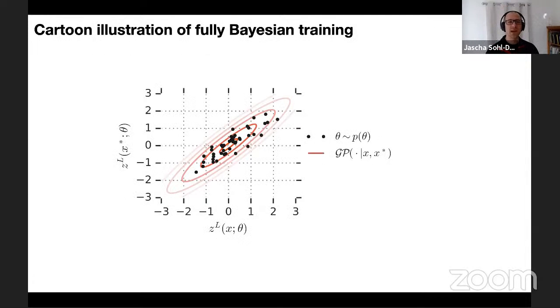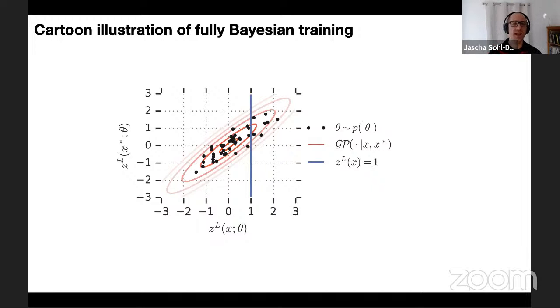So first, let's look at Bayesian posterior estimation using the same cartoon I used earlier. So here, let's imagine that X star is a test point and X is a training point. And we know that the network output should be 1 at point X. That is our training data set: output equals 1 for input X is our training data set.